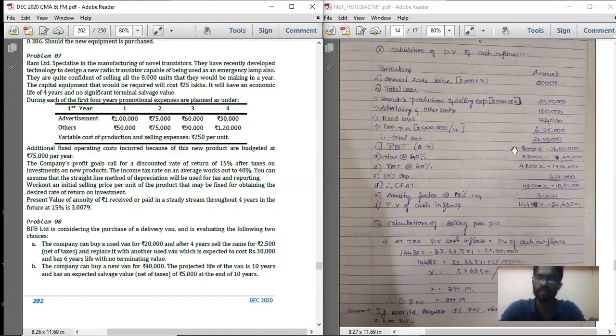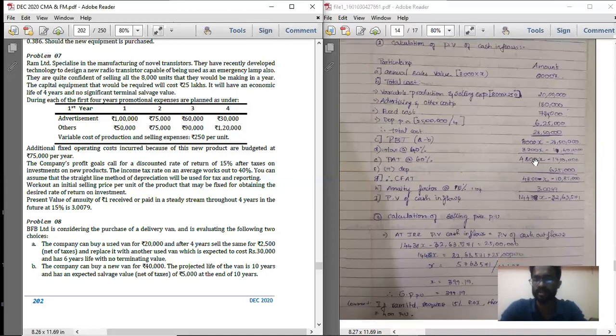If you deduct this from the PBT, you will get the PAT. Now underline it. 8,000x minus 3,200x, you are getting 4,800x. Below that record 4,800x minus, 28,50,000 minus 11,40,000, you are getting 17,10,000. So 4,800x minus 17,10,000 is the profit after tax.